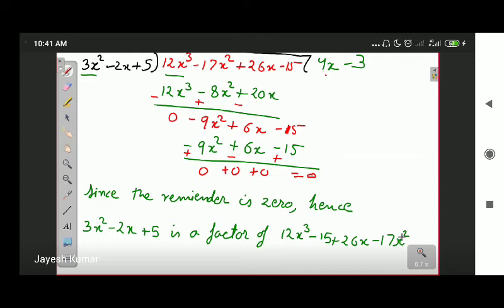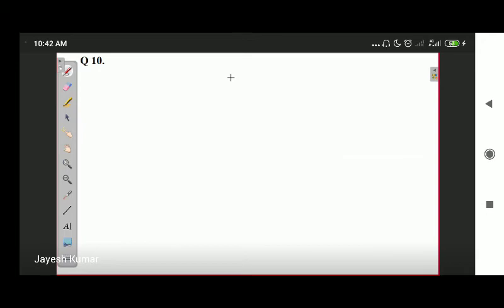Now moving on to question number 10. I am just going to explain how to do question number 10. The final solution of question number 10 should be done by you.